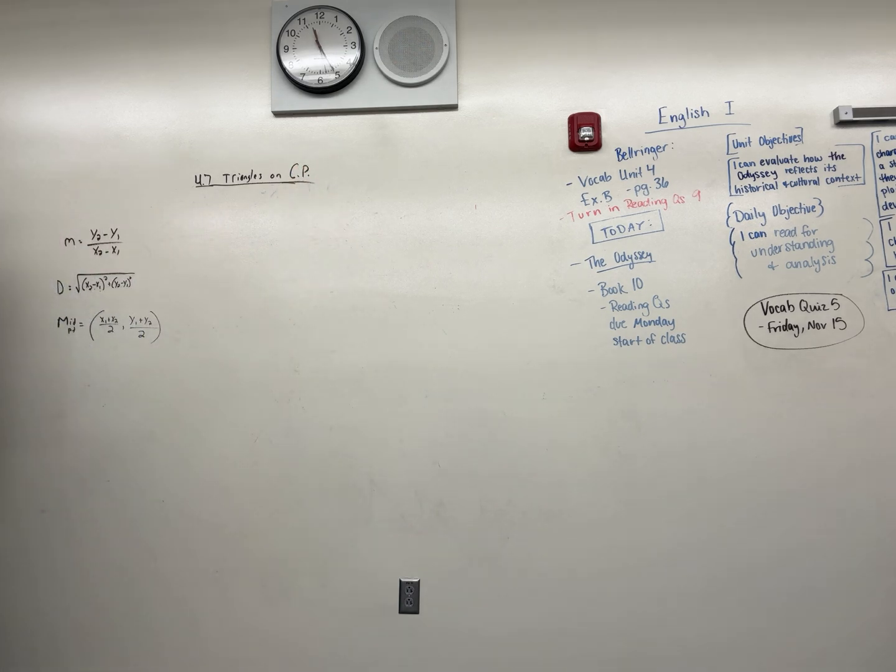Let's get our notes out, y'all. Last section for the chapter. So we're talking about triangles on the coordinate plane. All that means is we're going to be having triangles that are on the graph. You are going to still need all three of these. I would suggest starting off this lesson by writing down those three formulas in your notes again. Make them big enough that you can see them.